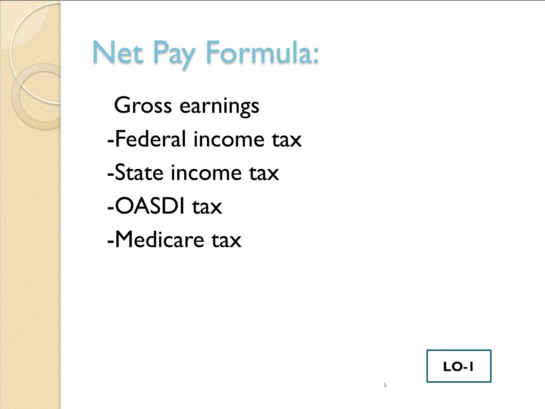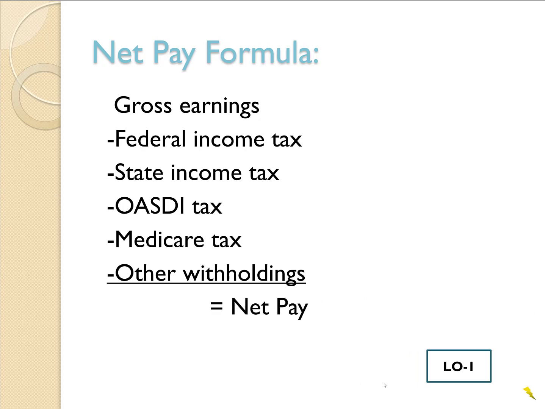Those are all mandatory taxes that must be taken out from an employee's pay. And there could be other withholdings too, like the medical, the charity, the union dues, the retirement accounts, like a 401k, etc. And then once you subtract all those deductions, that gives us net pay.